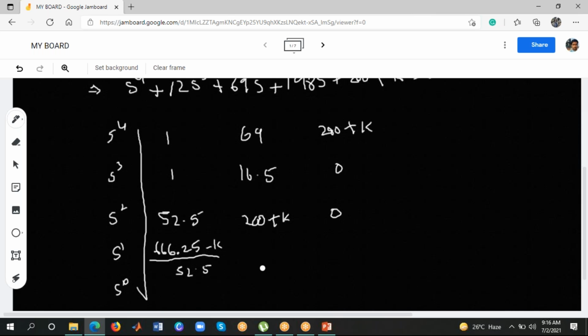That is the second element in S1 row. So 52.5 into that, this will come. Okay? Next 52.5 into 0. So you'll get 0 here. And finally the s power 0 value is 200 plus k.